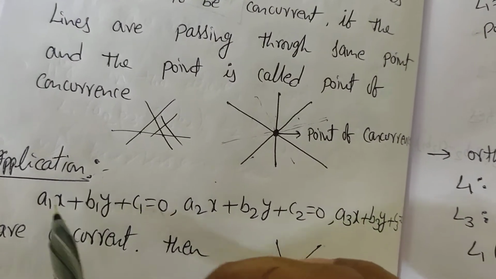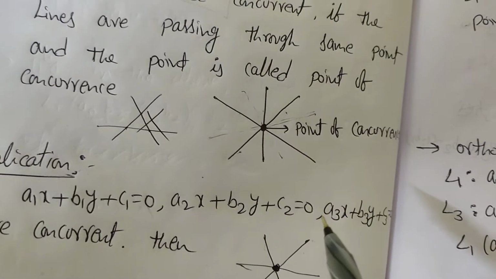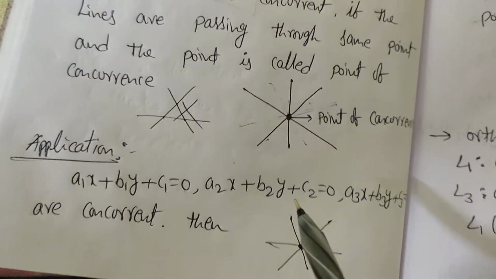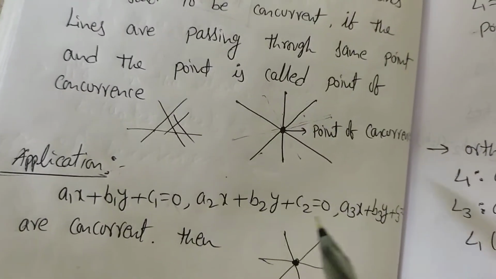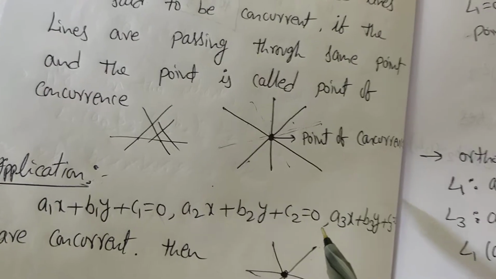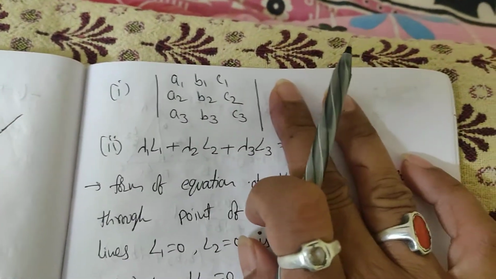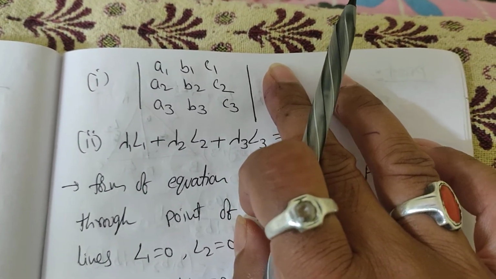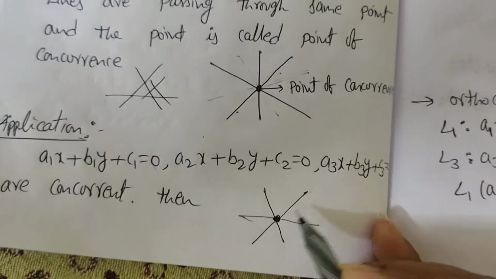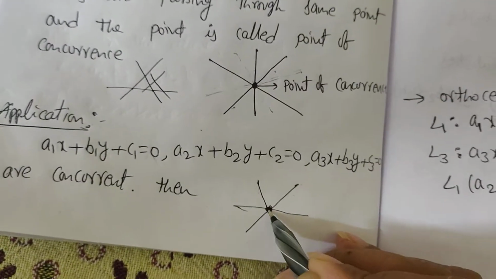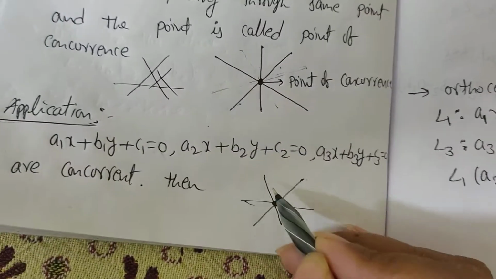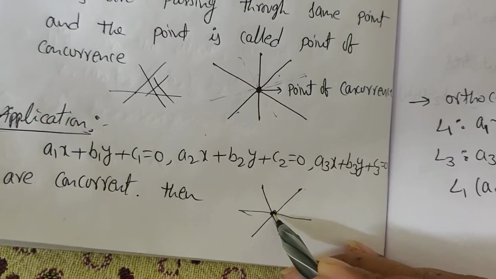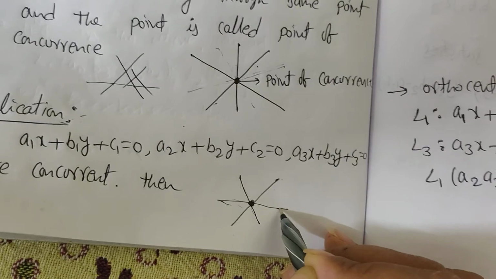Generally they may give the coefficients of x, y and constants, or numericals. So if they give numericals and ask to show that the given three lines are concurrent, then if you get this determinant equal to 0, you can say directly that those three lines are concurrent. In another procedure, the point of concurrence, that means the point of intersection of two lines, satisfies the third equation.